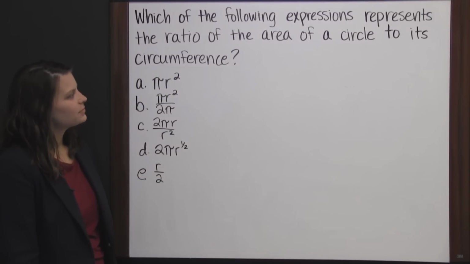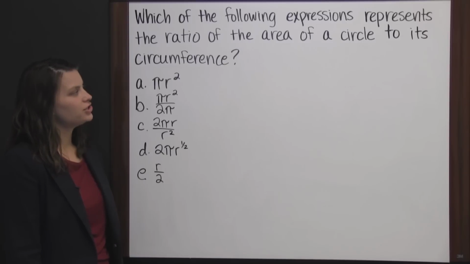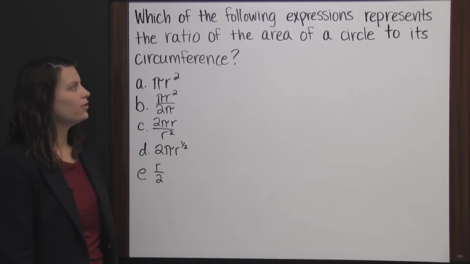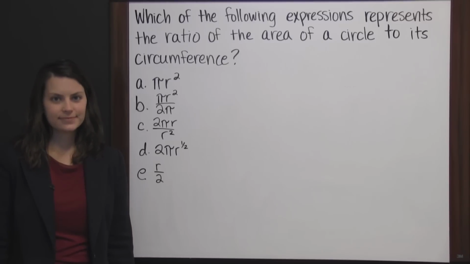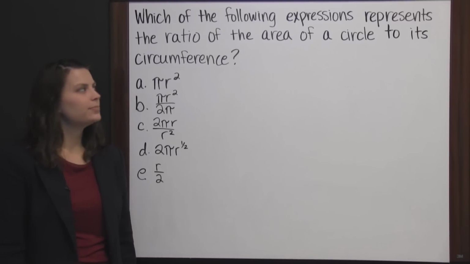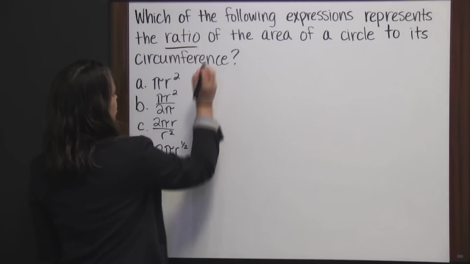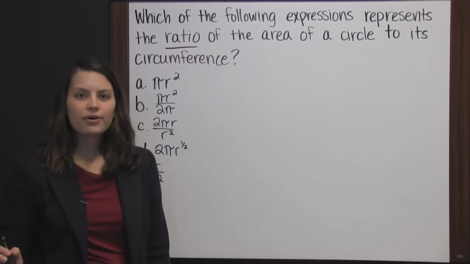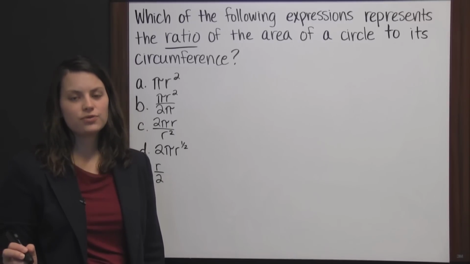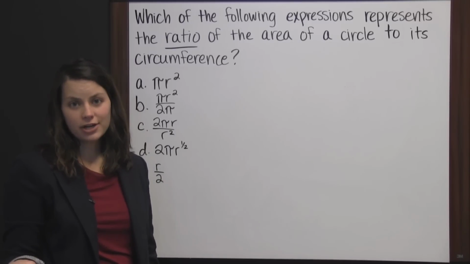Which of the following expressions represents the ratio of the area of a circle to its circumference? We've got some pretty key words here. The first one I see is ratio. A ratio is a comparison of two numbers, like a fraction.